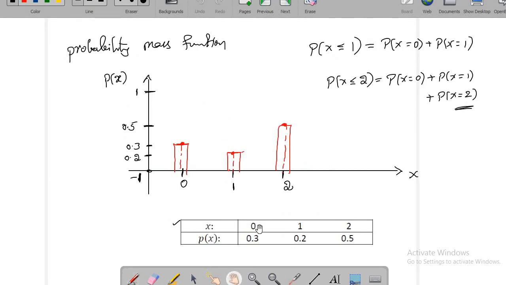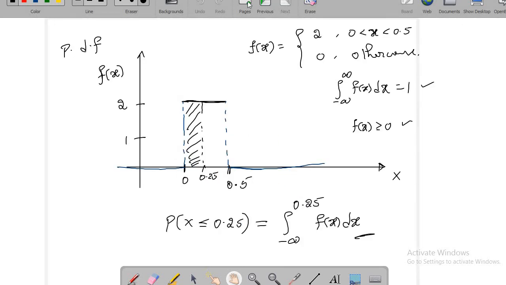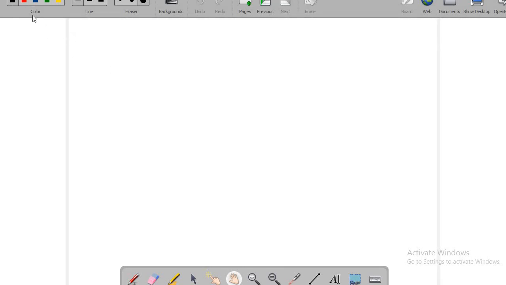Now let us give a name for this function which is taking cumulative probabilities. So let me define it here: cumulative distribution function.